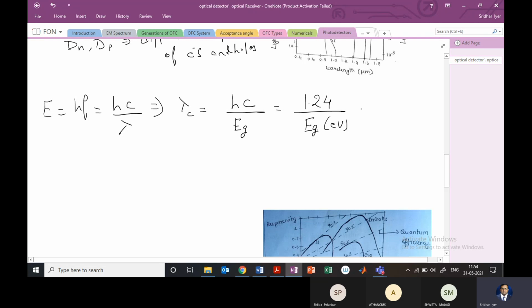So for example, for silicon, this lambda C will be 1.06 micrometer. If we take a germanium material, the lambda C turns out to be 1.6 micrometer.